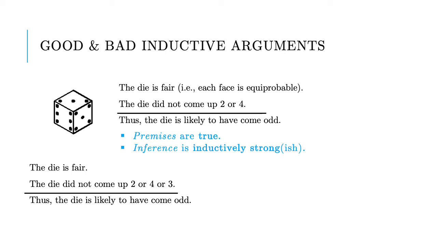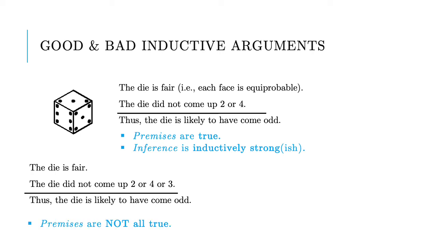In the sense that if the die did not in fact come up 2 or 4 or 3, what we have left are 1 and 5 for how it could come up odd, and 6 for how it could come up even. So we should have a 2/3 chance of it having come up odd. Now again, this is not terribly strong, but this is better than chance.